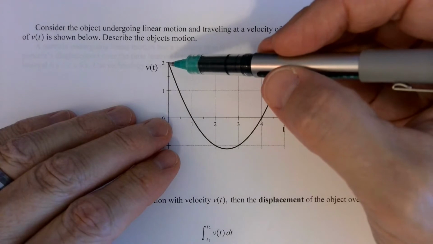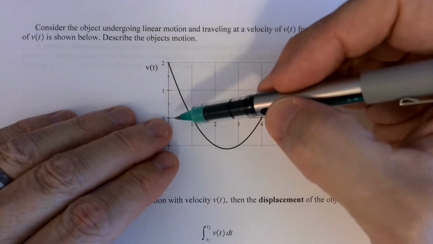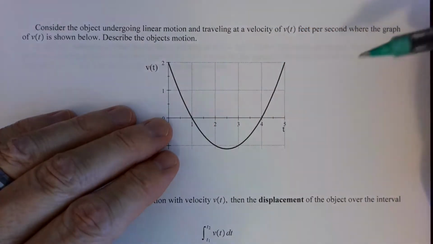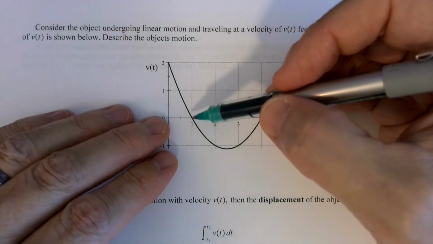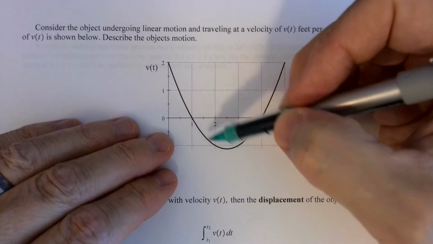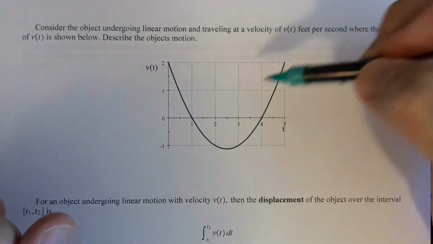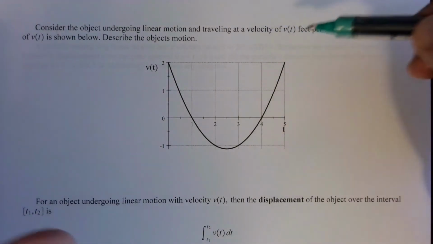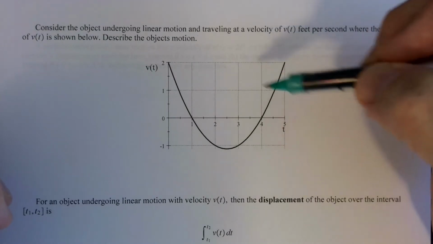But as time progresses, the velocity is slowing down. In fact, by the time we get to 1 second, the velocity has gone to 0. And then what happens? Velocity becomes negative. So what's happening now? Velocity is negative, rate of change is negative, so the original function, the position function, if you will, is now decreasing.